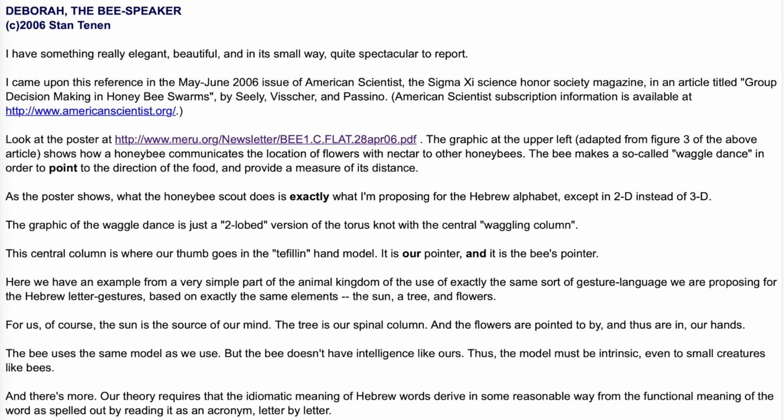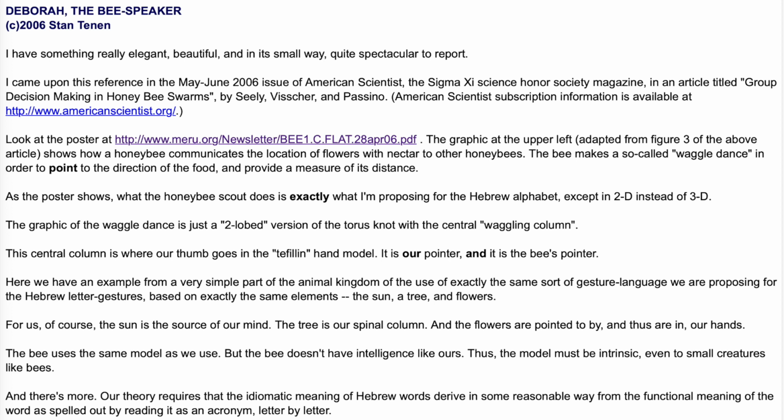As the poster shows, what the honeybee scout does is exactly what I'm proposing for the Hebrew alphabet, except in 2D instead of 3D. The graphic of the waggle dance is just a two-lobed version of the torus knot with the central waggling column. This central column is where our thumb goes in the tefillin hand model. It is our pointer, and it is the bee's pointer.